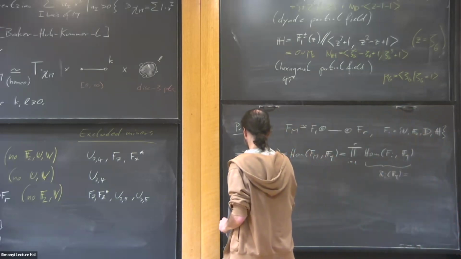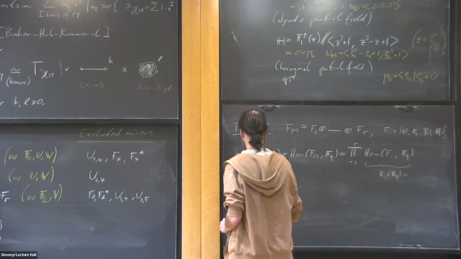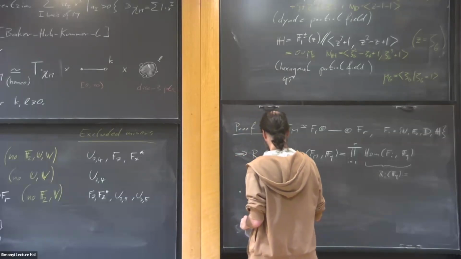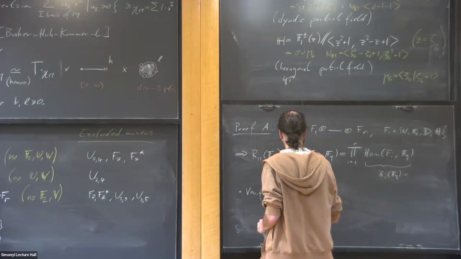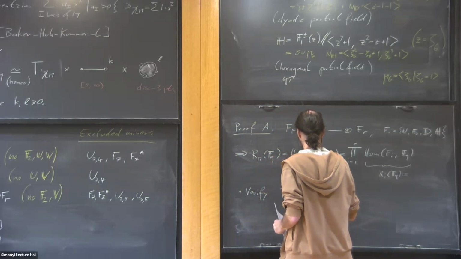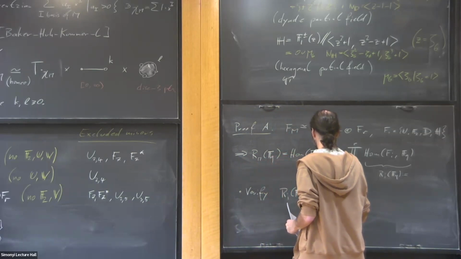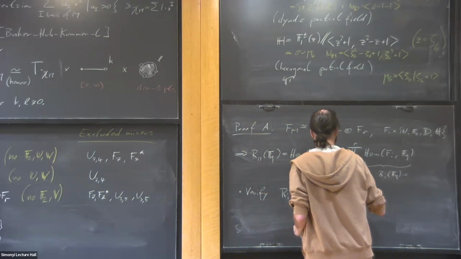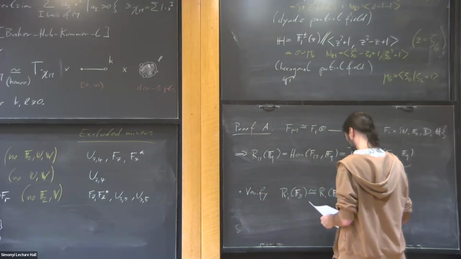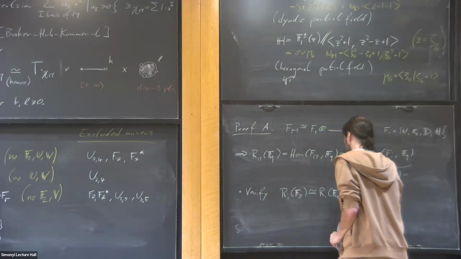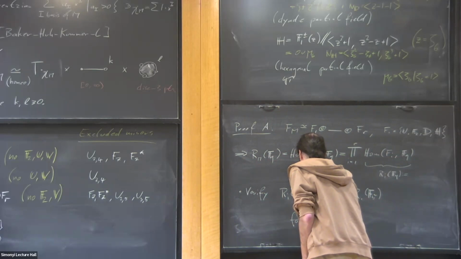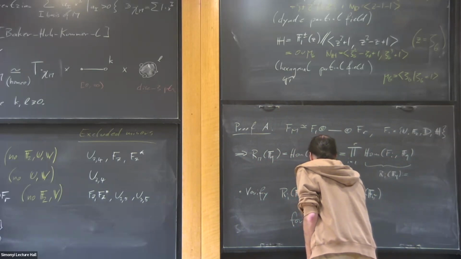Then all we need to do is verify that R_i of F8 is in bijection to R_i of F4 times R_i of F5 for all of these four types.